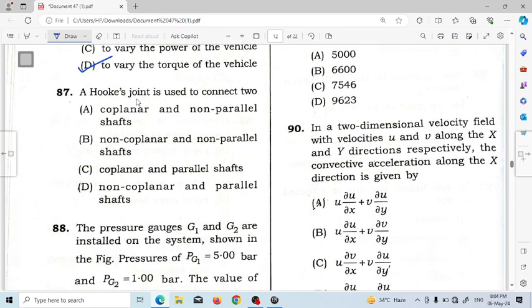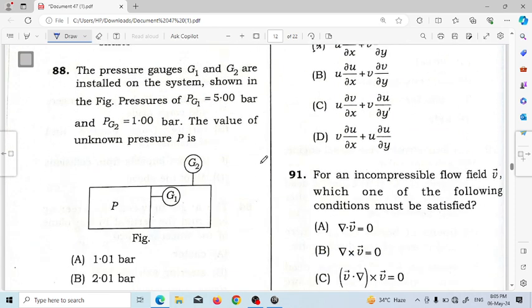Next, a Hooke's joint is used to connect non-coplanar and non-parallel shafts. B is the correct answer. Next, the pressure gauges G1 and G2 are installed in the system shown in the figure. The gauge pressure of G1 is given as 5 bar and the gauge pressure of G2 is 1 bar.